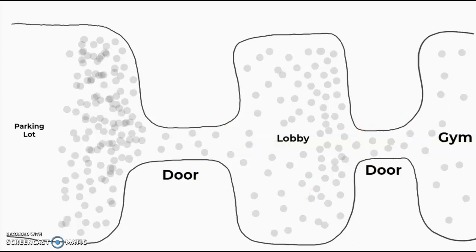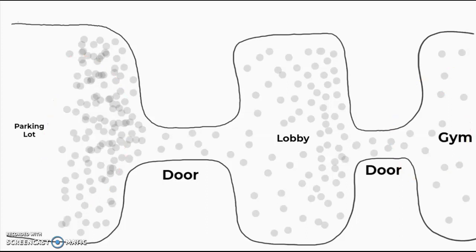And so what essentially happens is that when people encounter another door, it limits the flow rate again. Okay, so the flow rate decreases more with the second door. When we make it so that the people have to go through 2 separate doors, that's going to make it harder for those people to get from the parking lot into the gym.